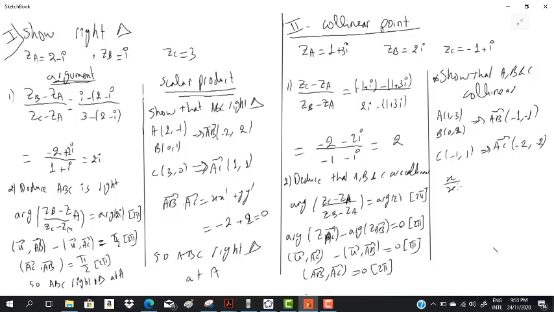If you calculate x over x', you will find minus 1 over minus 2 equals half. y over y' equals minus 1 over minus 2, also half.